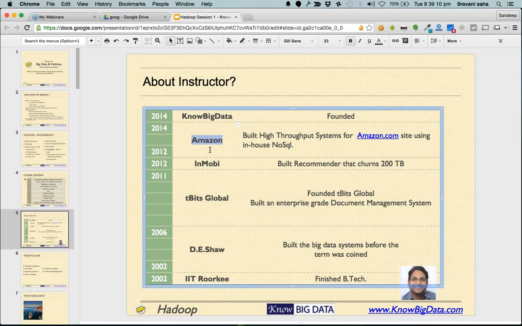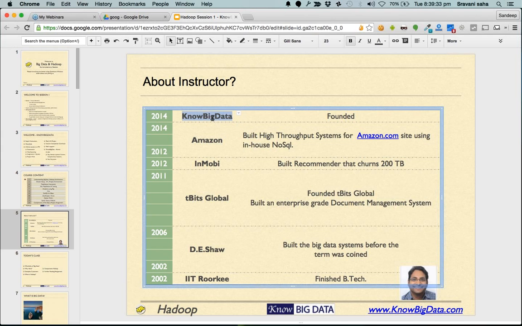At Amazon, I built a product for stream processing, similar to Hadoop Spark streaming, or you can say Storm. And at InMobi, I built a recommender where we churned around 200 terabytes of data to give the recommendation. So that's a bit about myself.